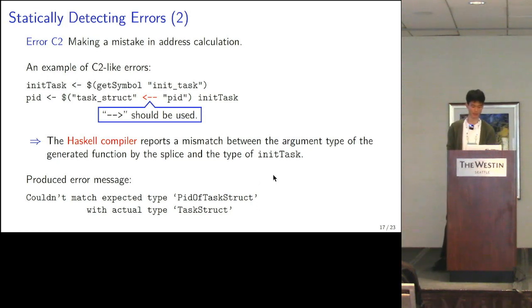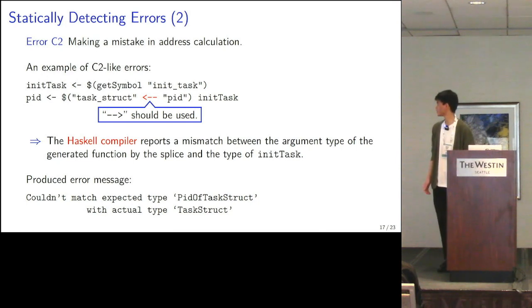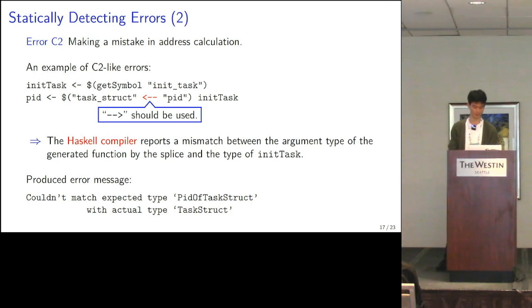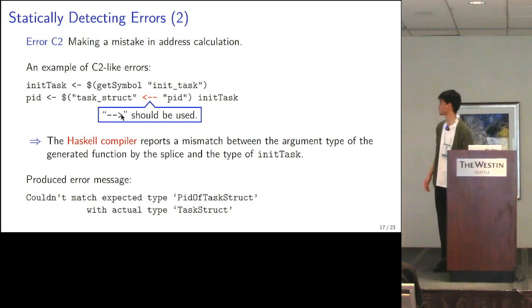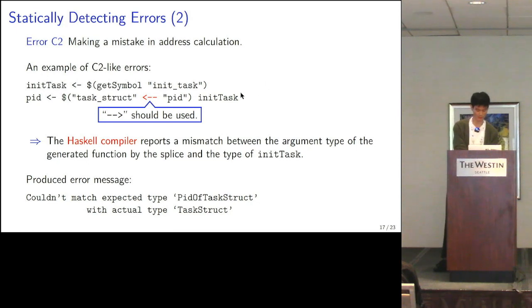This type of error was detected by the Haskell compiler, since it is a mismatch between the argument type of the function generated by the splice here, which has a type of PID of task struct, and the type of init task, which is a task struct.